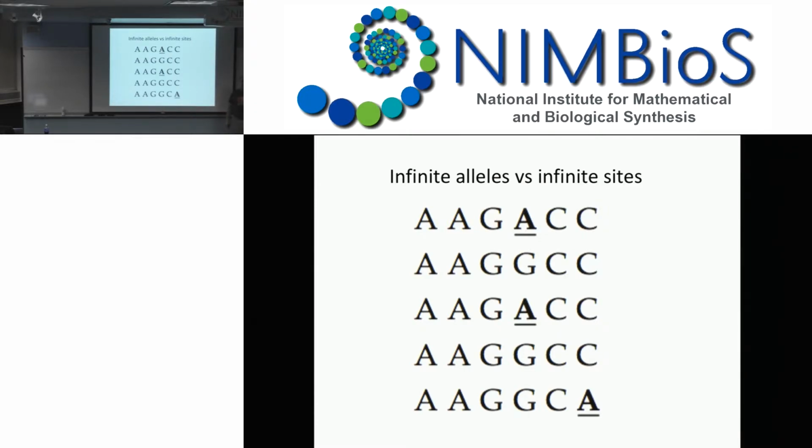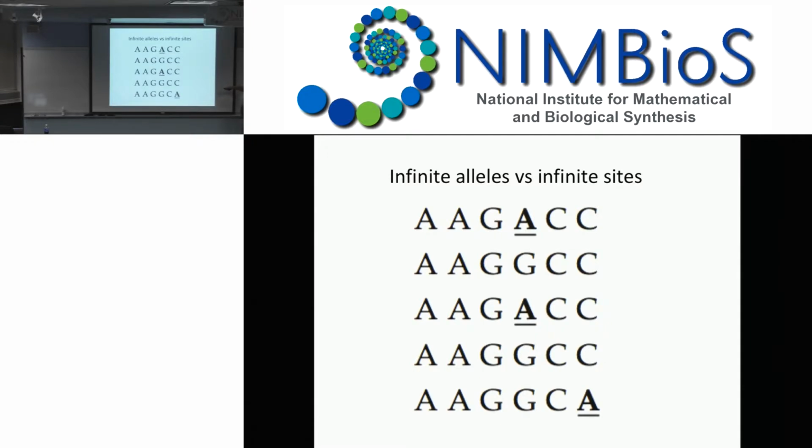You need to polarize that data by looking at an outgroup. There are a lot of tests that don't worry about that, but there are some tests that actually use that. So for example, under selection, you should see an excess of rare derived alleles. So you can analyze this data as a series of haplotypes. We call those alleles. Or you can analyze this data as a series of sites.